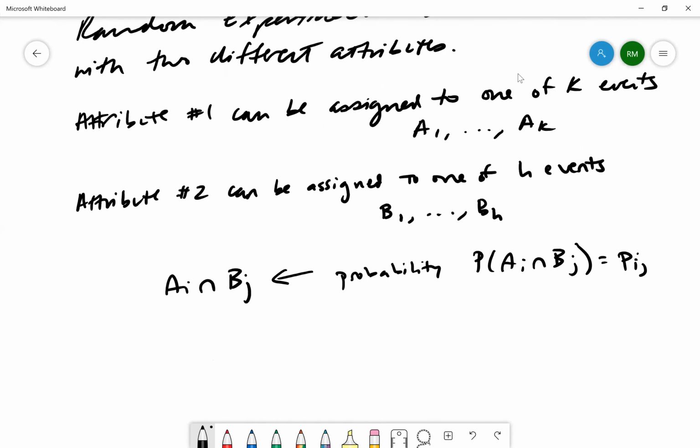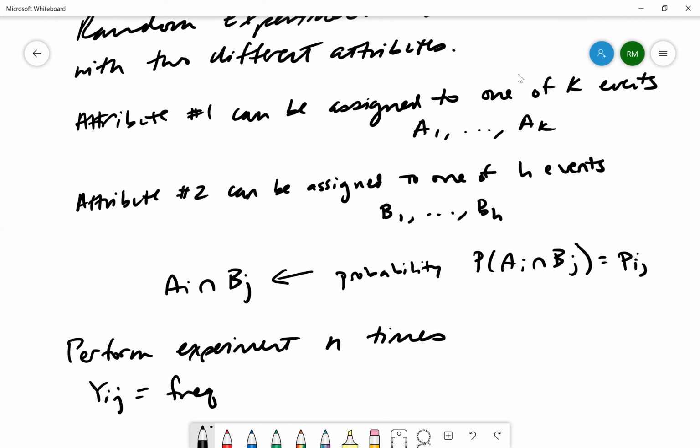So we do the random experiment n times, and Yij is going to be the observed frequency of Ai intersect Bj.